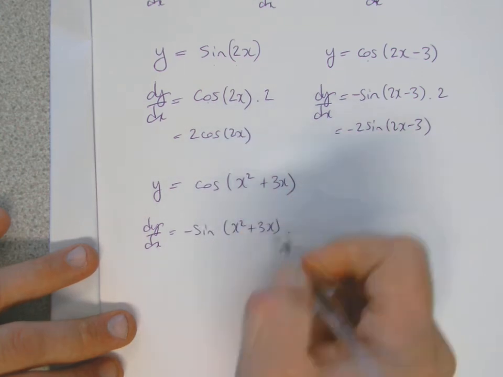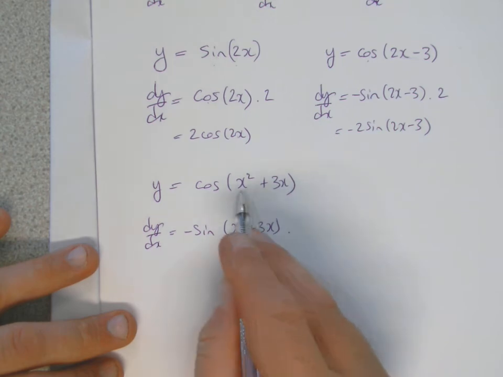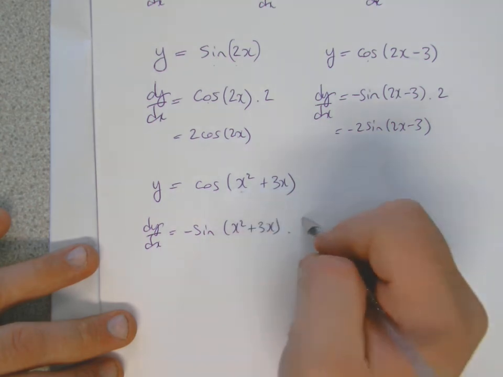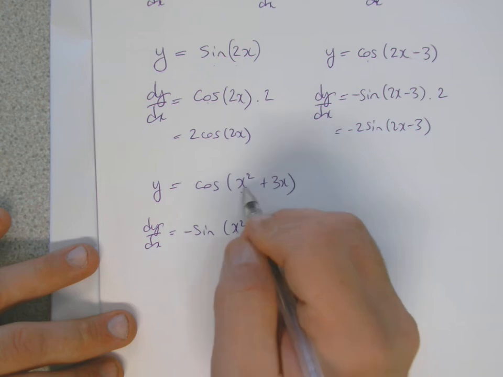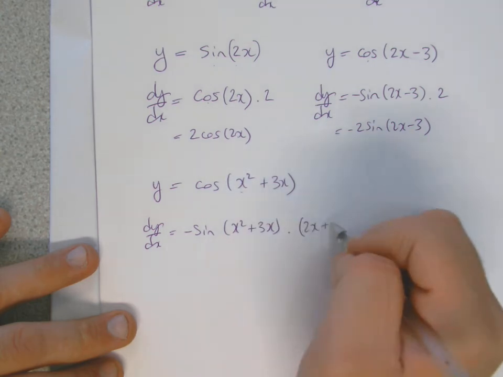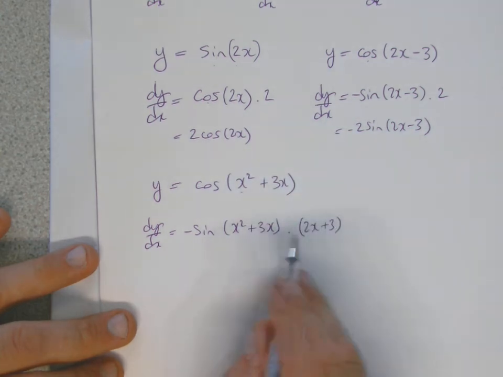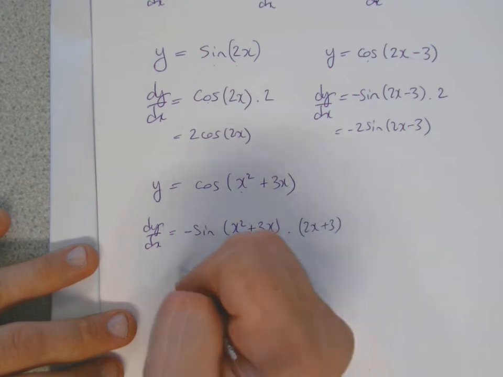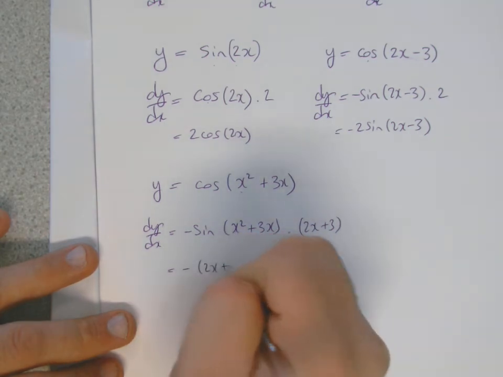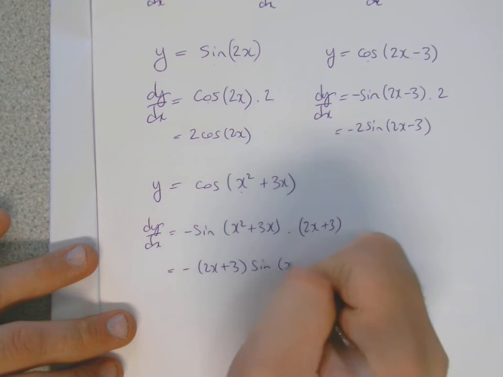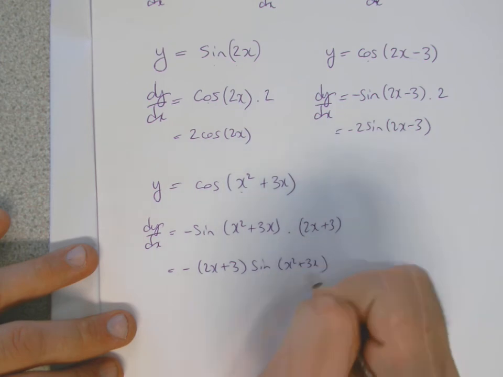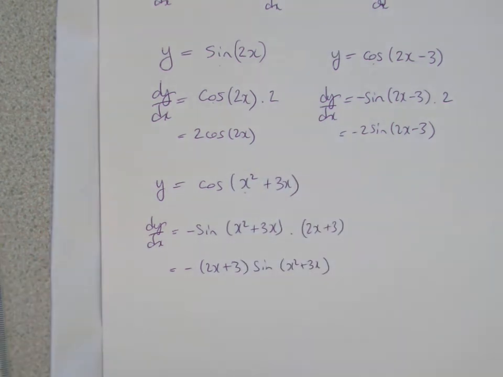And then you've got to times it by the derivative of the inside function. When we differentiate that, you get 2x plus 3. That looks a bit confusing, so the 2x plus 3 would go at the front. Make sure you've got sine of x squared plus 3x at the end.